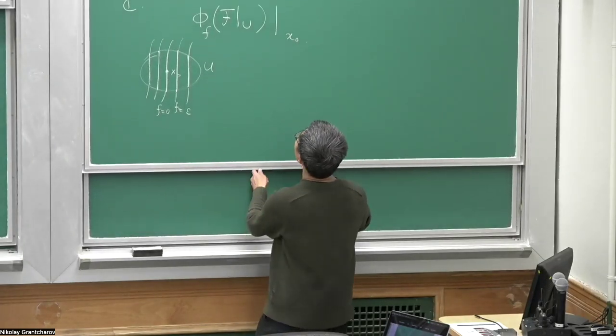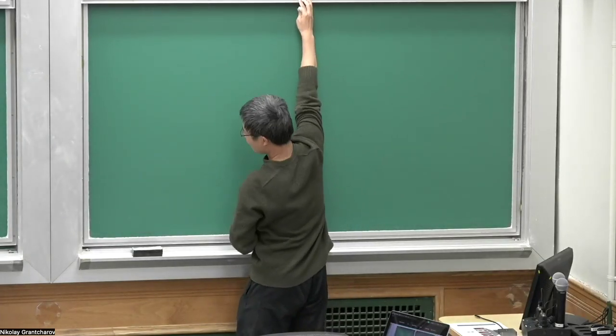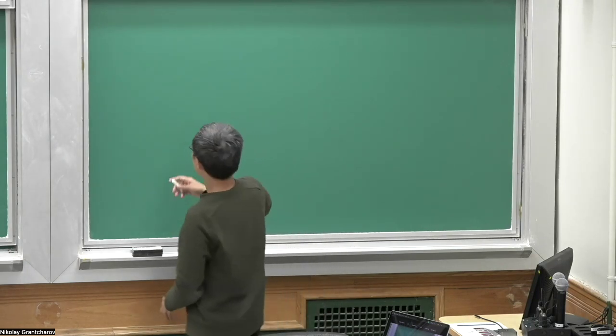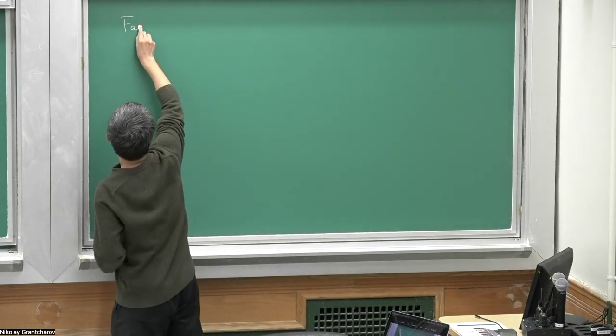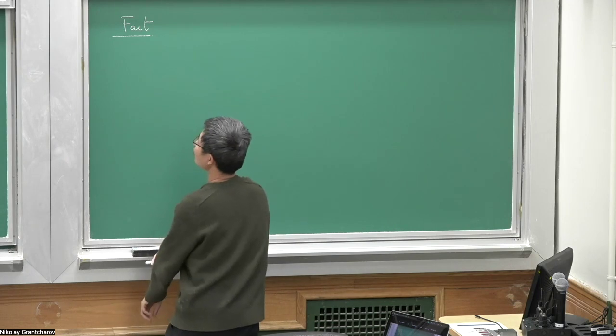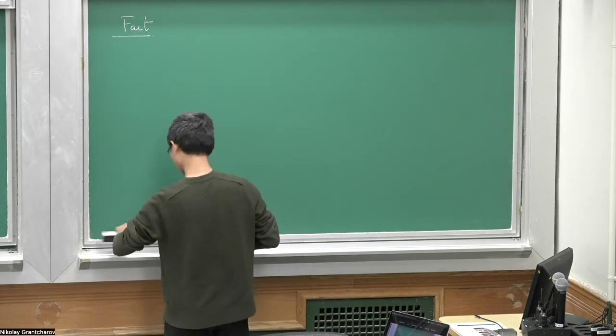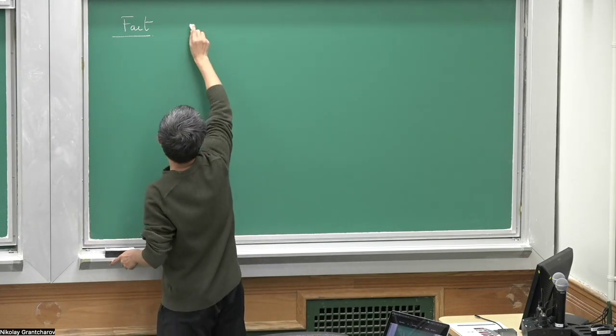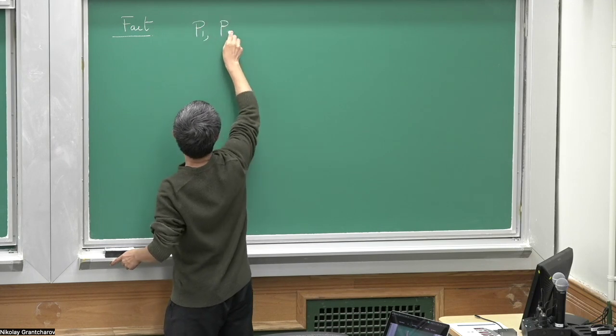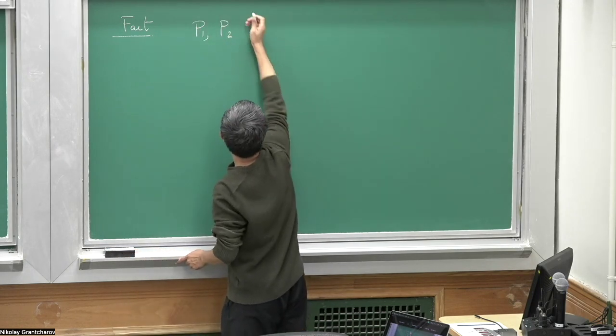Both definitions give the same functor, and the key property of this V functor is, well, if I take P1, P2 both projectives.